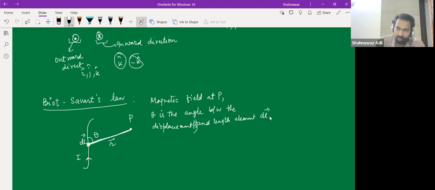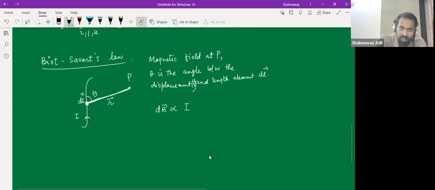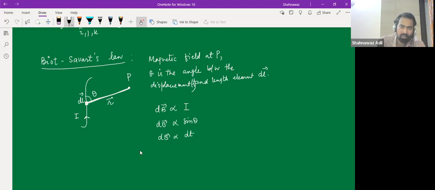Okay, so Biot-Savart's law says that this magnetic field will be directly proportional to current, right? And directly proportional to sine theta, and directly proportional to dl, and inversely proportional to 1 per r square.